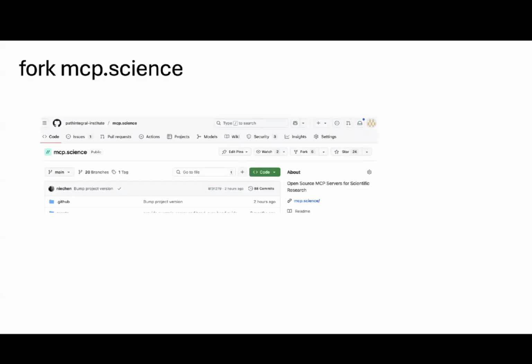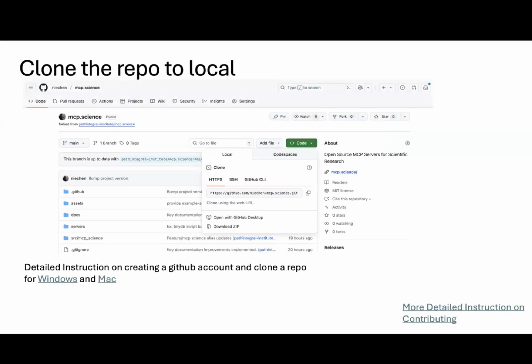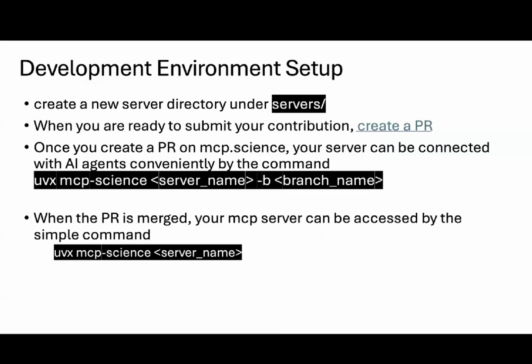The basic steps: you can fork the MCP science repo on GitHub, then clone the repo to your local computer. You can then make your modifications, add your server under the servers directory, and create a PR to contribute it back to mcp.science.